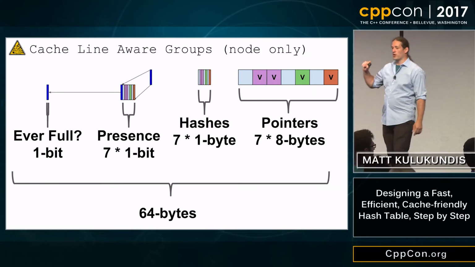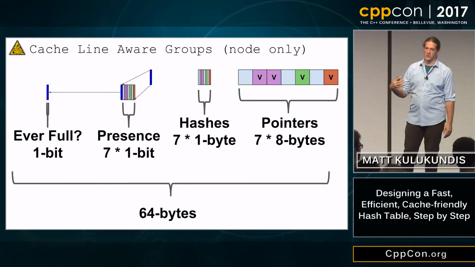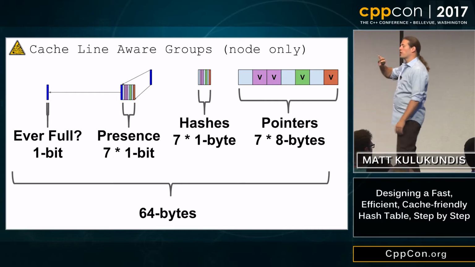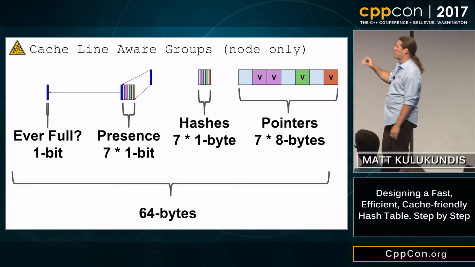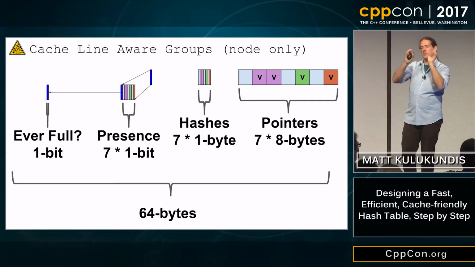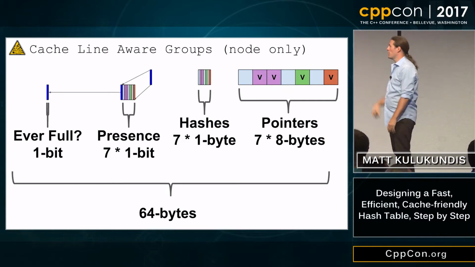This was a really fun experiment. It's kind of a failure in some ways, but I can't resist showing it. So we're going to get rid of the concept of 16 sized groups, and we're going to have 7 sized groups. And instead of all the metadata being at the front, the metadata is going to be attached to the front of the group. So we have 7 pointers. Each pointer is going to be 8 bytes.